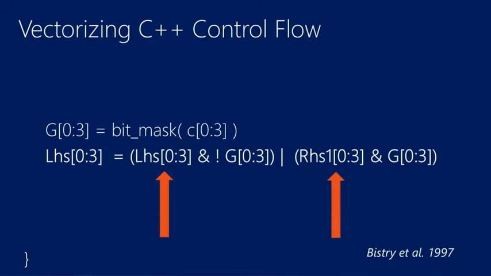And then what are the parts that I can take from the right-hand side that evaluate to true? So in other words, if that mask were false, I have to use the original values from the left-hand side. But I can put those together, OR them together, and then write them back to memory.